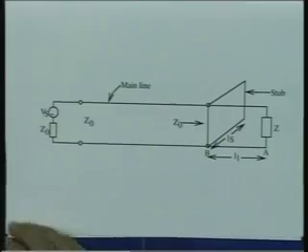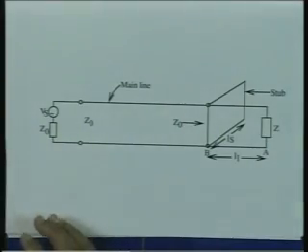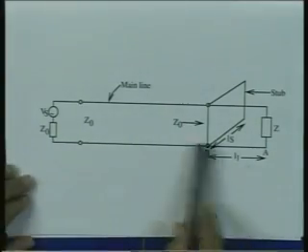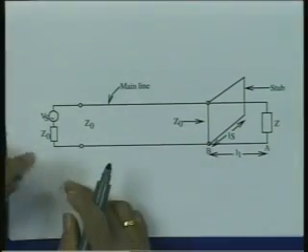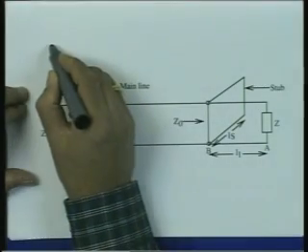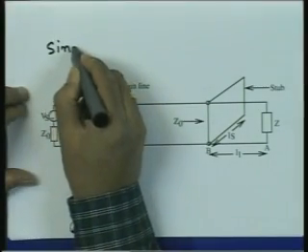Doing this exercise analytically is rather tedious. However, if you use the Smith chart for carrying out this operation, then this exercise turns out to be extremely simple. So, since we are using only one stub for matching the impedance to the characteristic impedance, we call this technique the single stub matching technique.